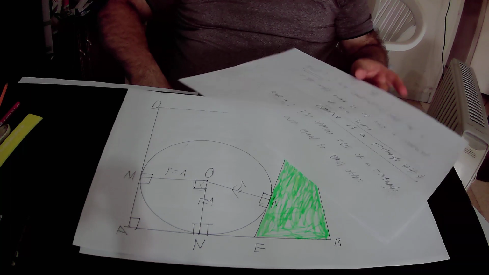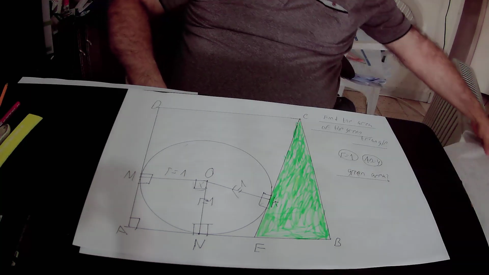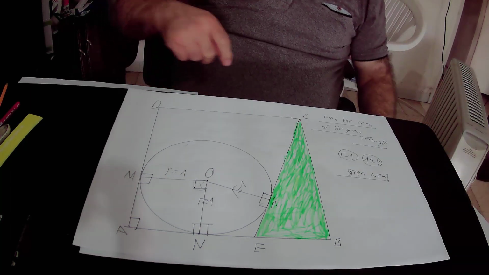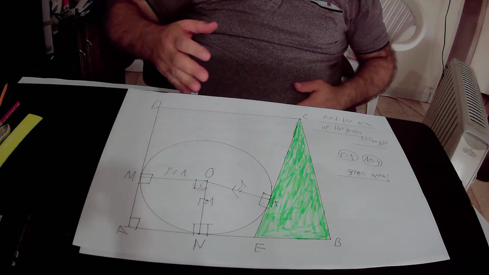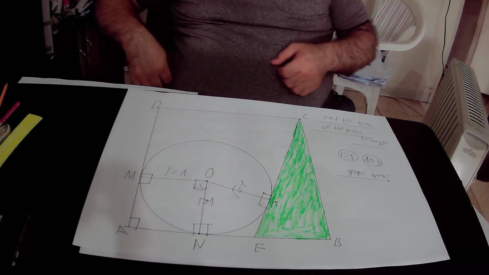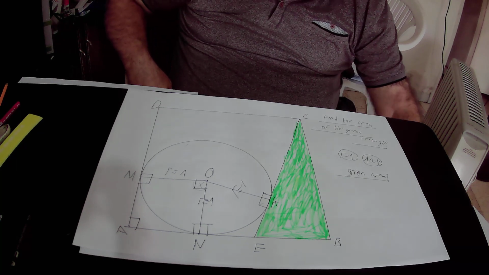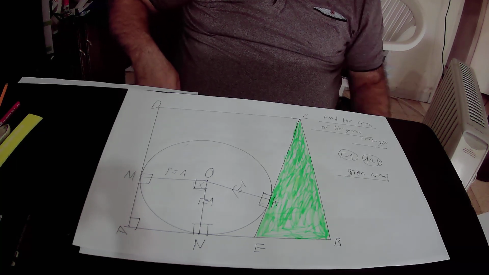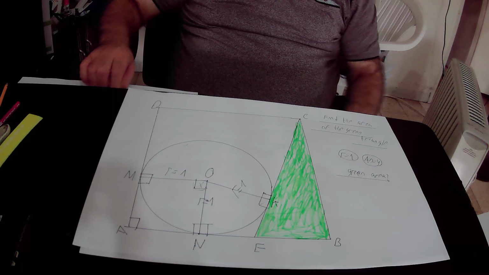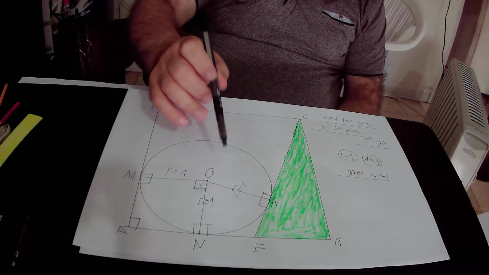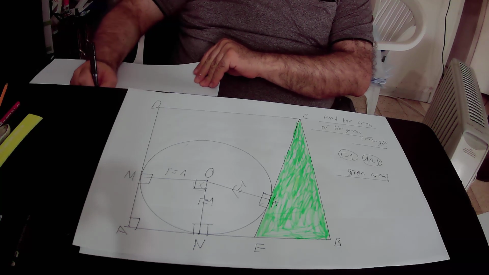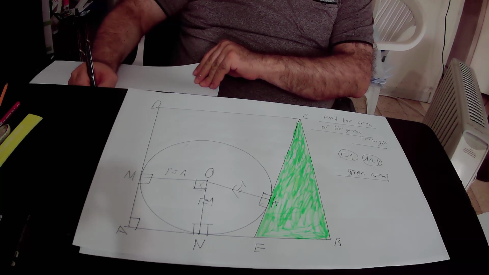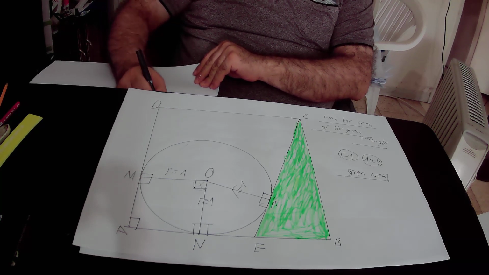So actually, in our specific rectangle MOAN, according to rule number 4, the opposite sides of rectangle MOAN must be equal to each other. So if we focus on rectangle MOAN, according to rule number 4, its opposite sides are equal to each other.